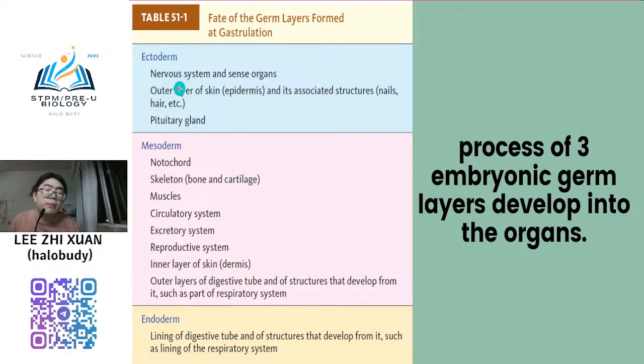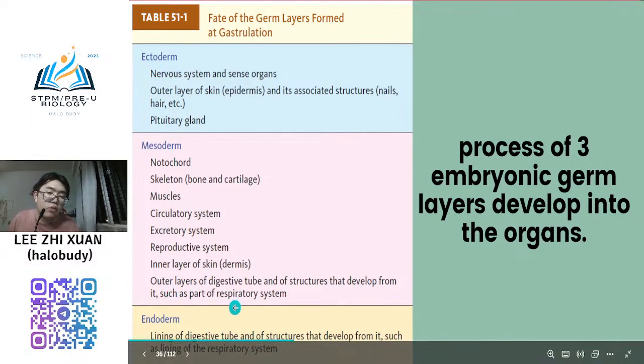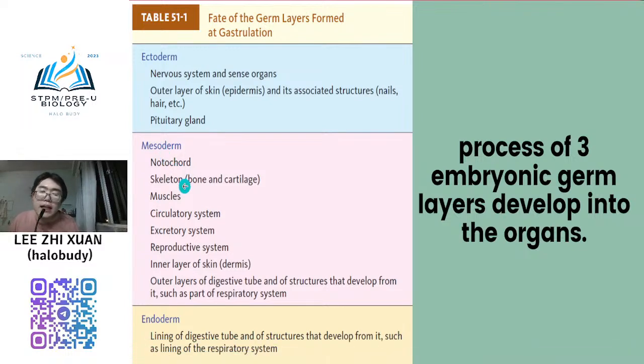Ectoderm normally develops into the nervous system, all the nervous organs, and also the skin, your nails, and the pituitary gland. The endoderm is normally about the digestive and respiratory systems. All the others are mesoderm, like the notochord, your skeleton, your muscle, your circulatory system, reproductive system, excretory system, and the inner layer of skin.